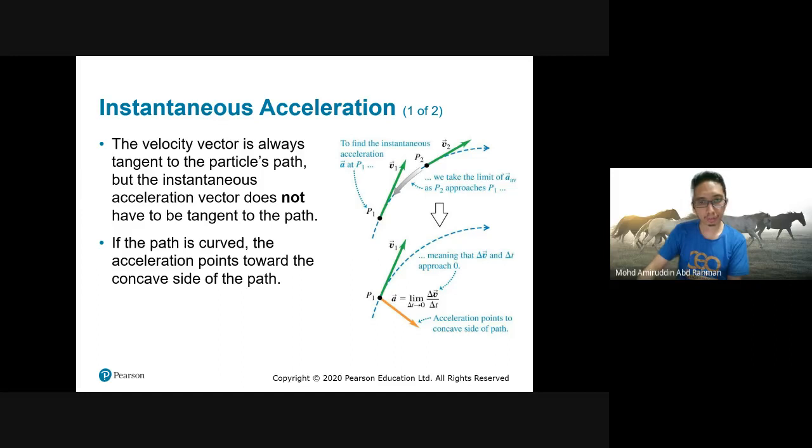Look at this figure. Usually we have this tangent for finding the instantaneous velocity, but now we want to figure out the instantaneous acceleration for 2D motion, so the acceleration will be pointing towards that.